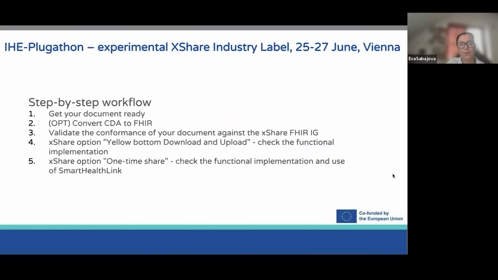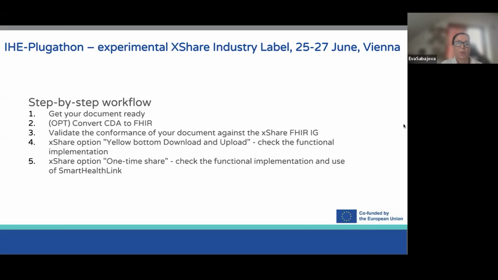Next slide, please. Here is a step-by-step workflow description. The first step was getting the document ready. The second, optional step: if the document was provided as a CDA, it was converted to FHIR.